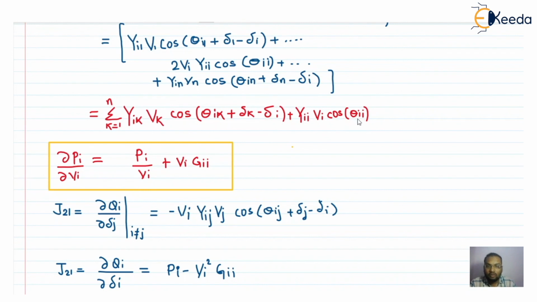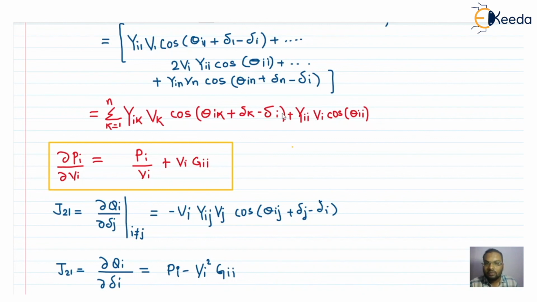See how I have written here: in this summation specifically, I must write k not equal to i. So that compensation I have done here, where I'm adding and subtracting, and on solving this you'll get this term.